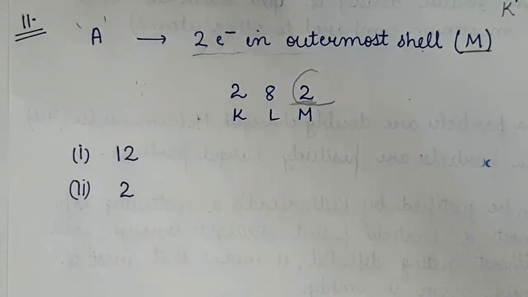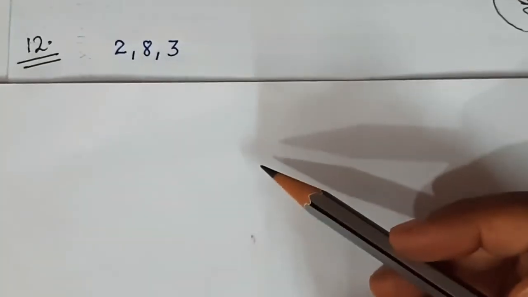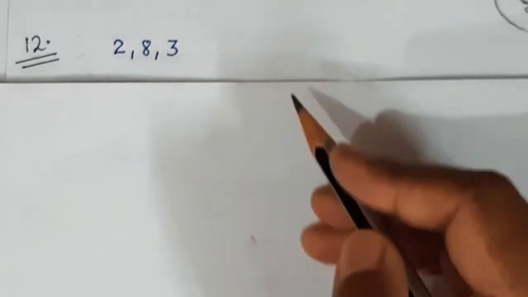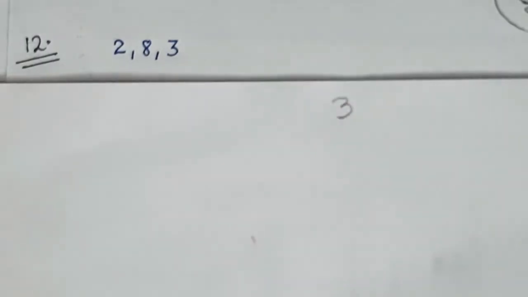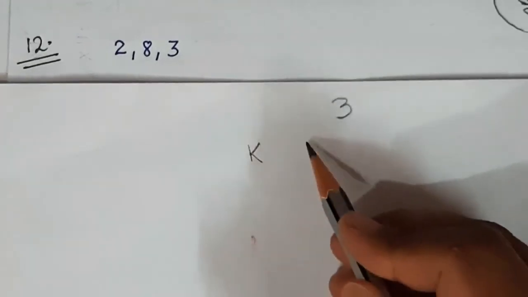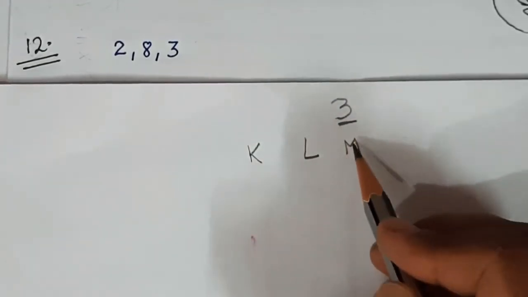Coming to question number 12. Question number 12 is, if the atom of an element contains 3 electrons in the third shell. Okay, 3 electrons, they are present in third shell. So first is K, second is L, third is M. 3 electrons in the M shell.